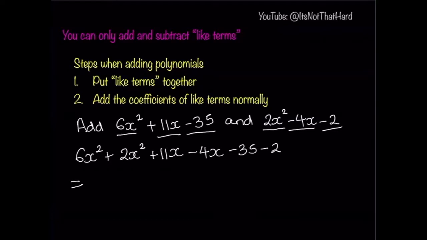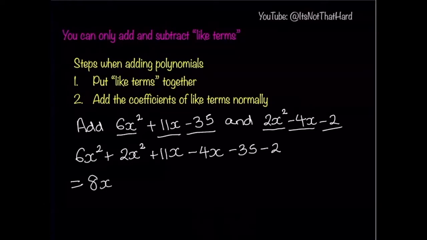So you do 6 plus 2, which is 8. So you have 8x squared. You do 11 minus 4, which is 7. So you have plus 7x. And then you do minus 35 minus 2, which is minus 37. So this would be the answer if I told you to add these two polynomials together.